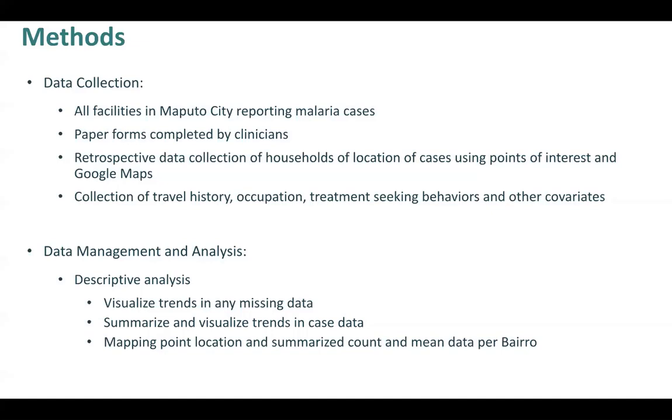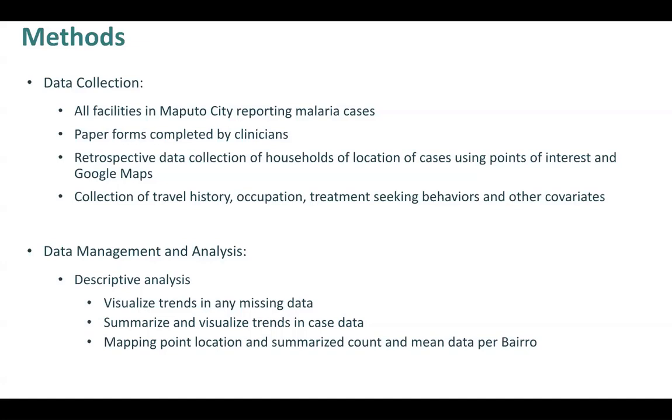That place of residence was aimed at a more retrospective exercise. The place of residence or the closest point of interest was recorded on the form and then looked up in Google Maps to identify the geolocation.